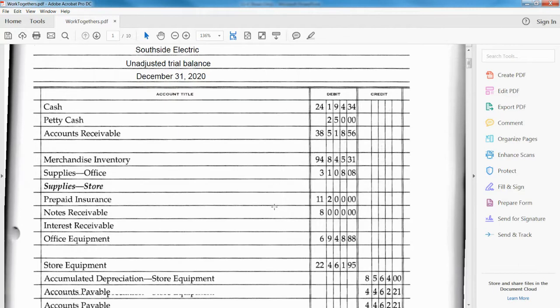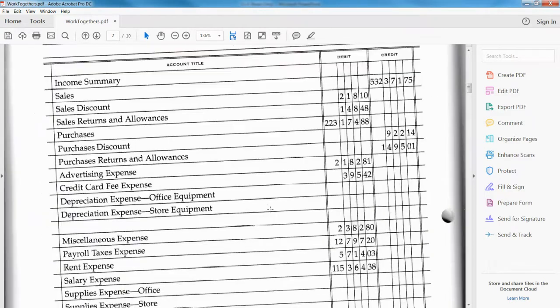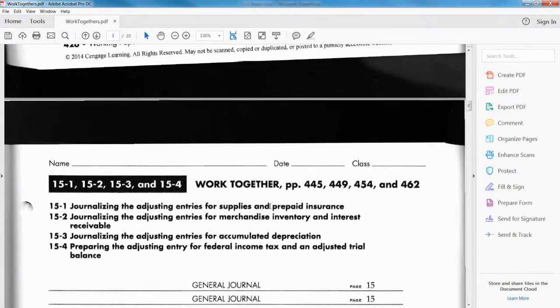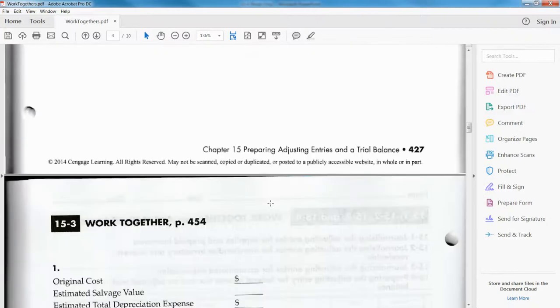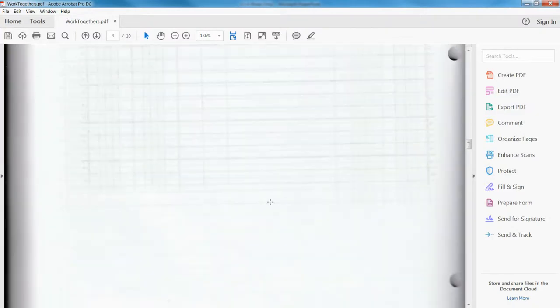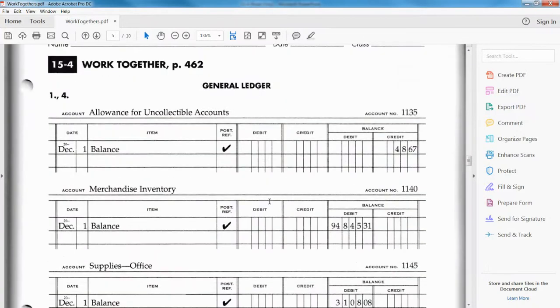So you have to turn to page 429. I have to scroll. And here is our allowance for uncollectible accounts, and it has a balance of $48.67.